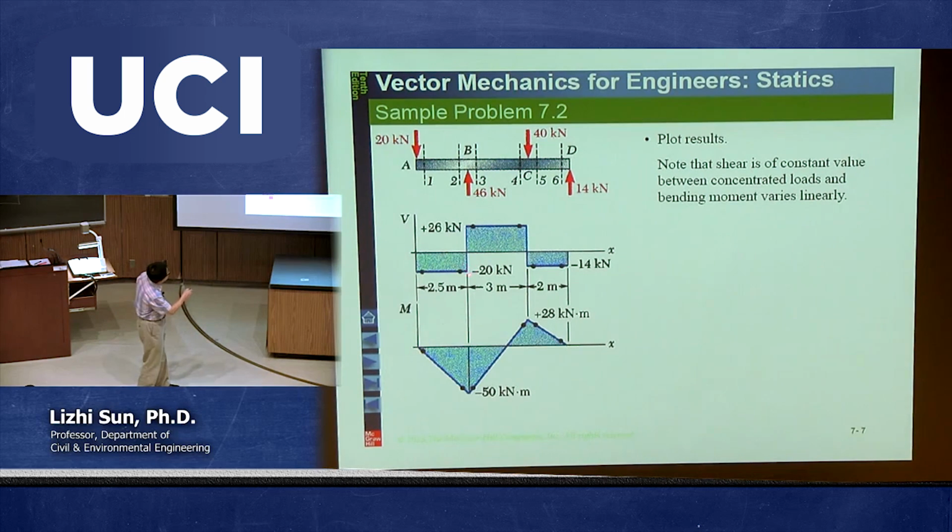That's why you have to jump up 46. Here, point C, you have another applied load going down 40. So then the corresponding shear diagram has to drop 40 kilonewton. And at the very end, you have a support of 14. So that's why this one goes up with a 14.